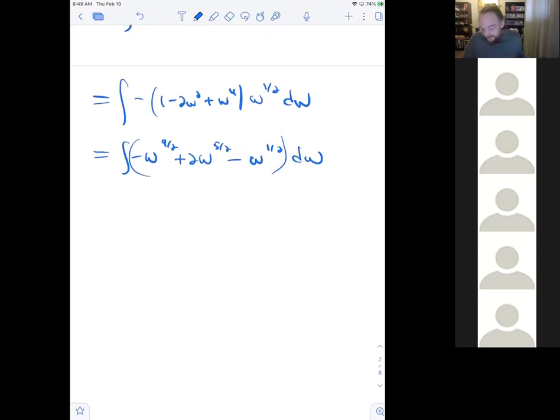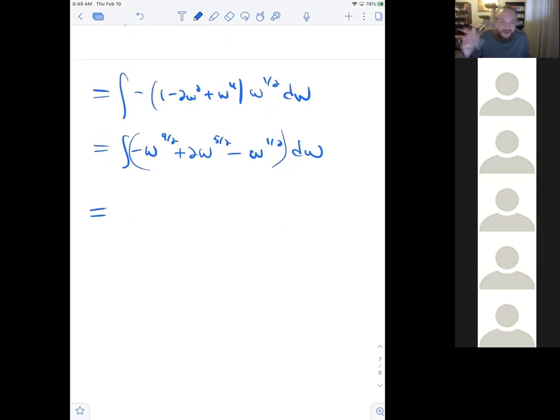Yeah, I had a typo in mine. Up to the negative, it doesn't matter. So now what do I get? This is just going to be negative 2 over 11 w to the 11 over 2, plus 4 over 7 w to the 7 over 2, minus 2 over 3 w to the 3 over 2 plus c.